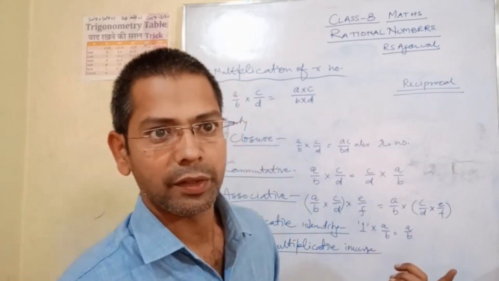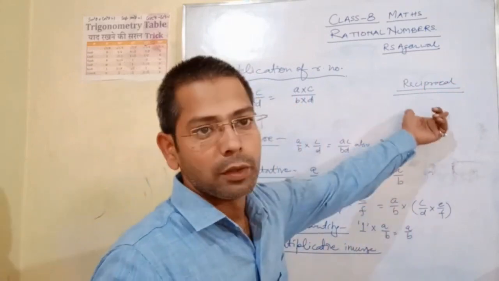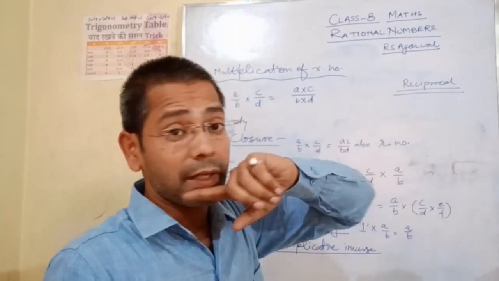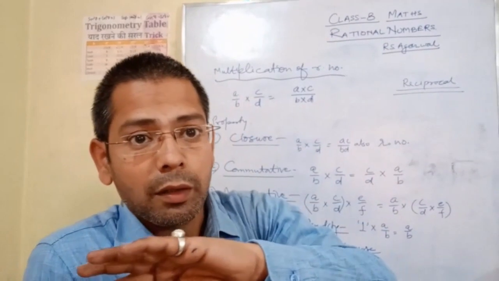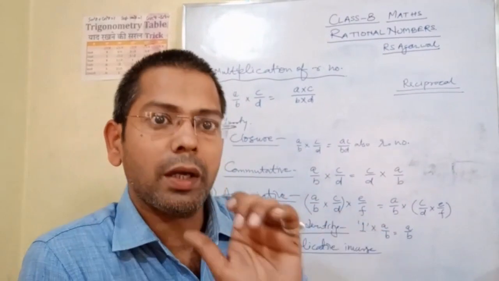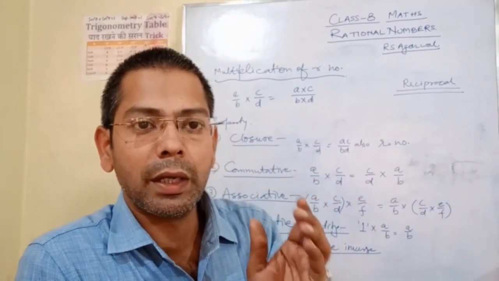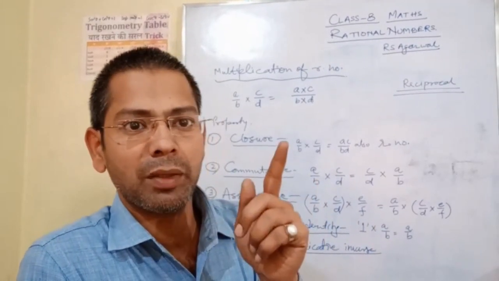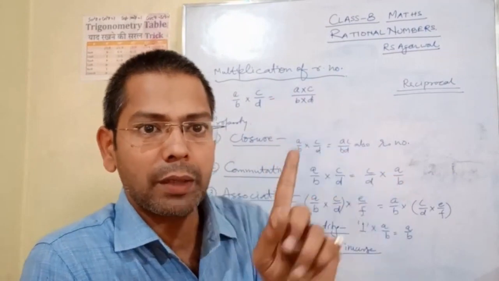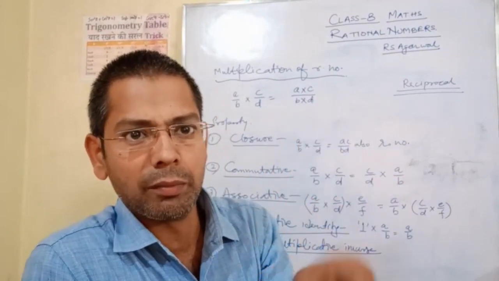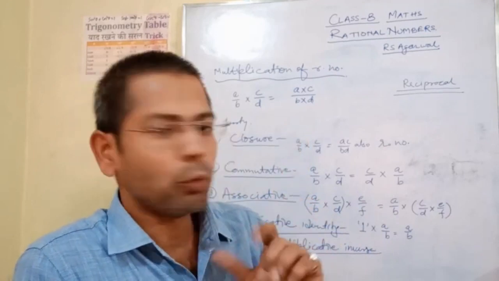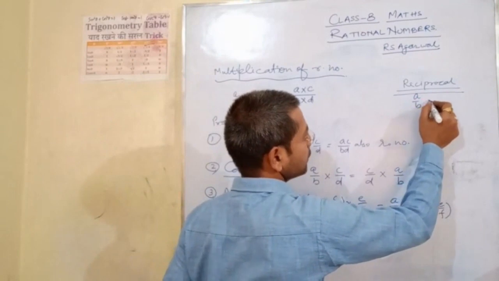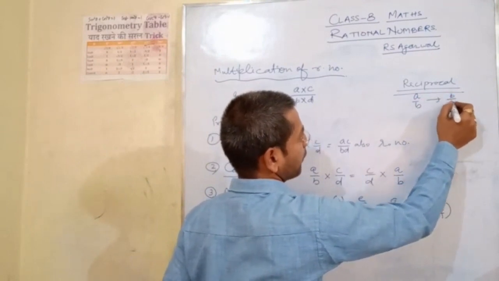Once again I will discuss it. A reciprocal is created when in a fraction or a rational number, the numerator and denominator interchange positions. The number in the numerator goes to the denominator and vice versa. Suppose a rational number is a upon b. Its reciprocal will be b upon a.